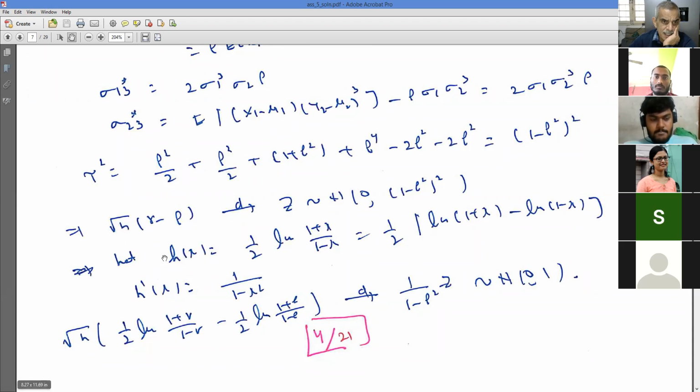Then what I get? Root n times (h of r minus h of rho). h of r is nothing but half times log of (1 plus r) upon (1 minus r), and h of rho is half log of (1 plus rho) upon (1 minus rho).